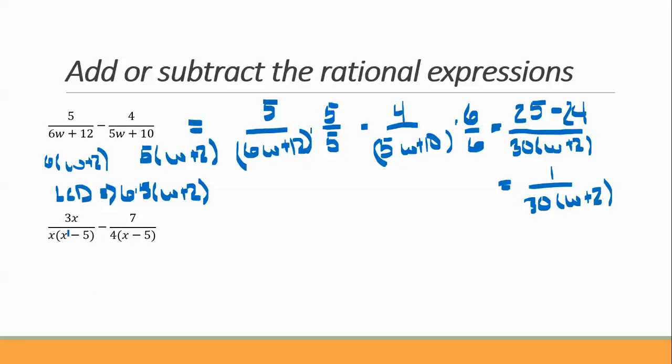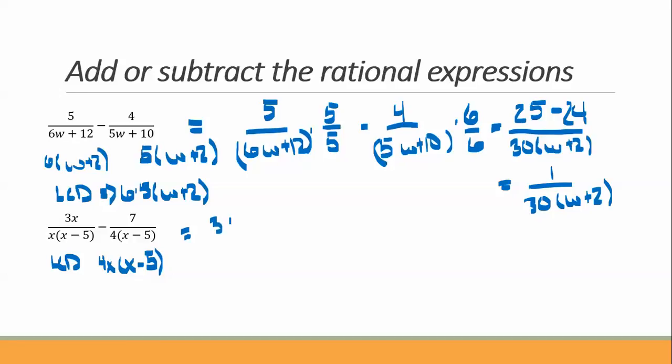Here, our least common denominator, we have 3x over x times x minus 5 minus 7 over 4 times x minus 5. Our least common denominator is going to be 4x times x minus 5. And then we get to multiply by what's missing.